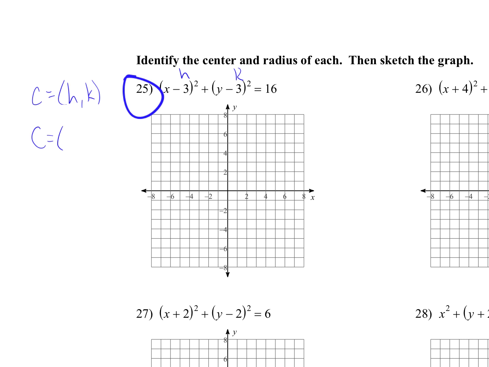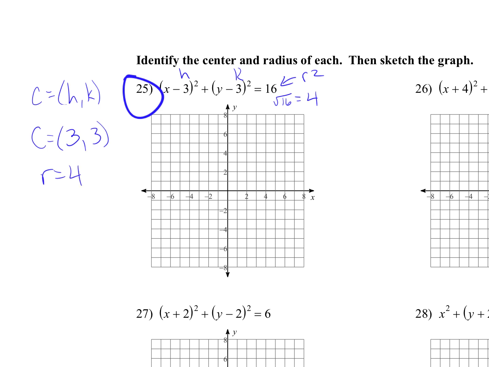So if it's negative 3, it's positive 3. K is positive 3 because you flip that sign. So the center is 3, 3. And then you need to remember to find the radius. That 16 is r squared. So we take the square root of 16 and you get 4. So r is 4.